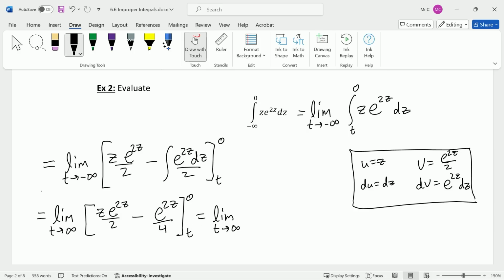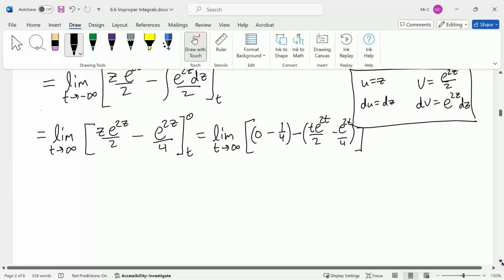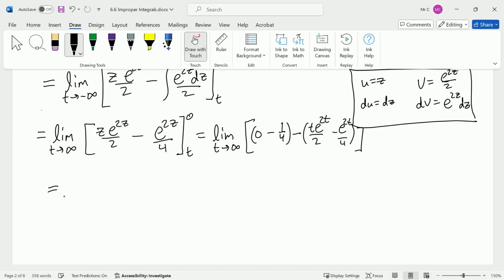I get 0 times e to the 2z minus e to the 0 over 4, which is 1/4, minus, plug in t, we get t e to the 2t over 2 minus e to the 2t over 4. And now we'll do a little bit of simplification.